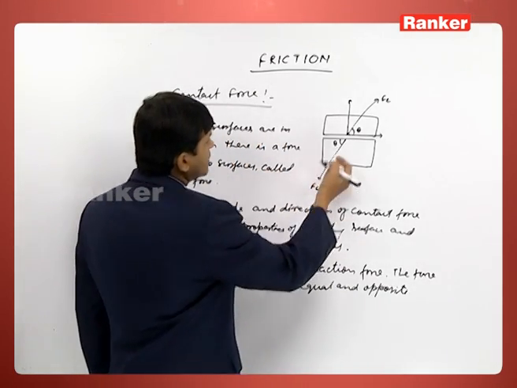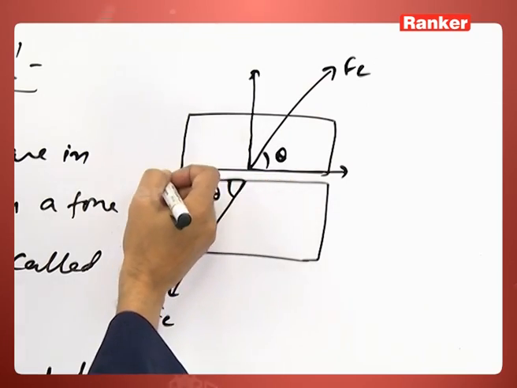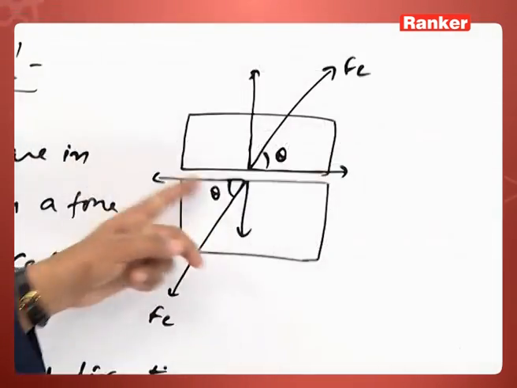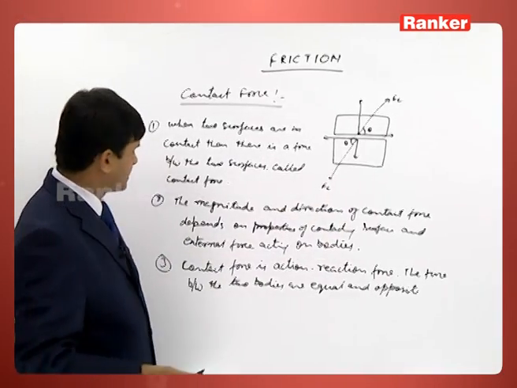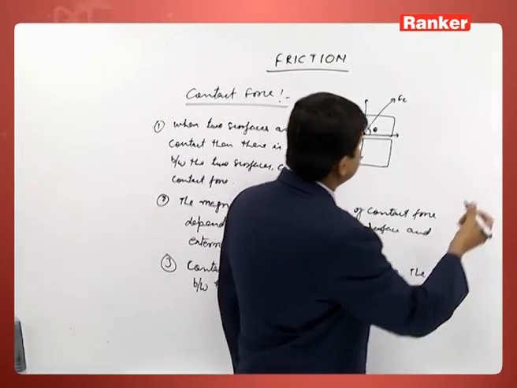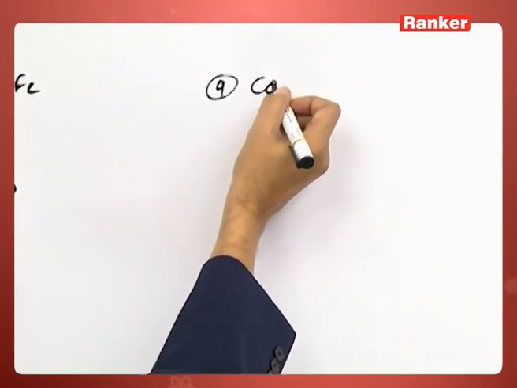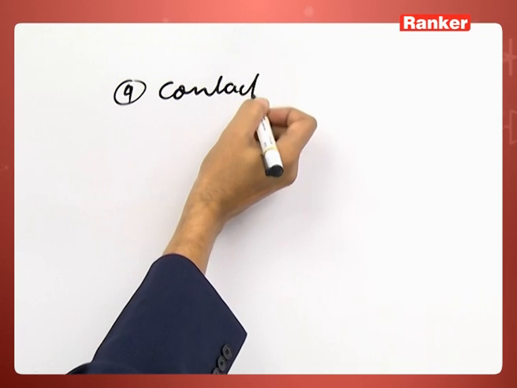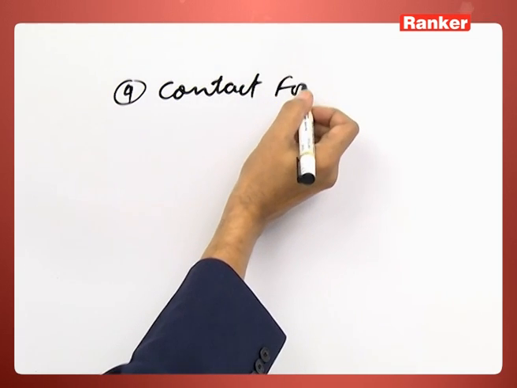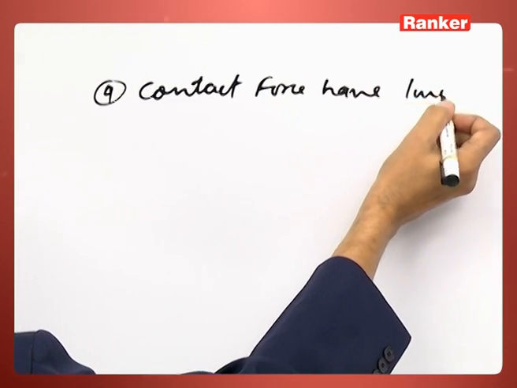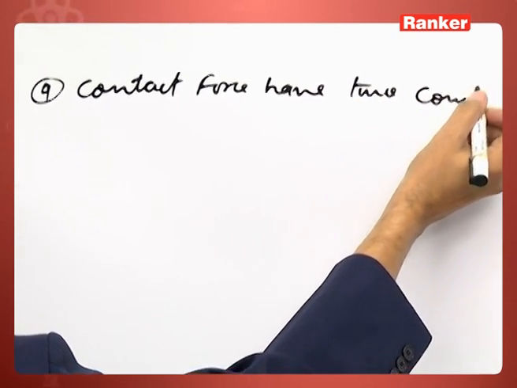Similarly, if we look here, we can also have one force along the surface, another normal to the surface. The fourth point we can say: contact force has two components.